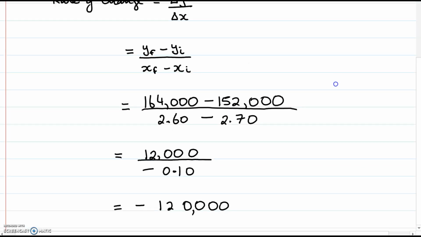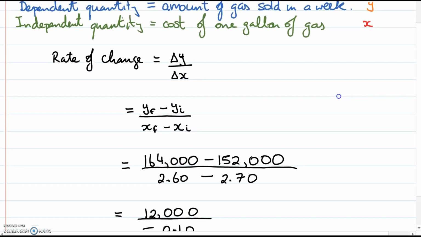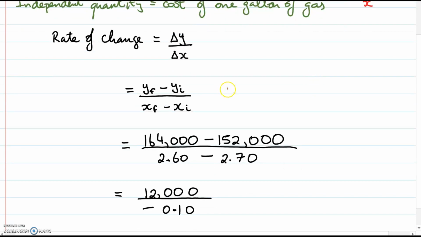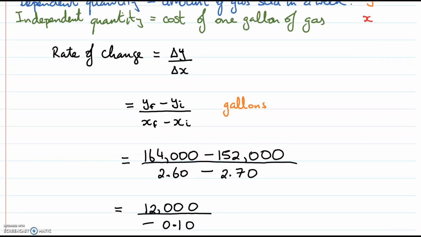We also had to make sure that we had the right units. If you look at the formula that we had, on the top we had Y, and Y was the amount of gas sold in a week. And the amount of gas sold in a week was measured in gallons. So we have gallons on the top, and on the bottom we had the cost of a gallon of gas. The cost of a gallon of gas was measured in dollars.